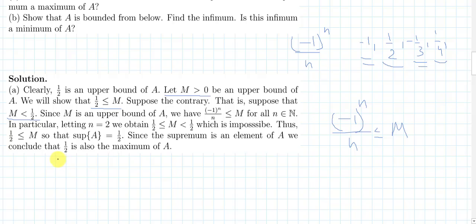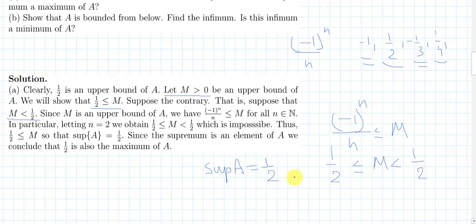In particular, letting n be 2, we get 1 over 2 less than or equal to m, which from our assumption is less than 1 over 2. Is it correct? No. So it's impossible. Thus 1 over 2 is less than or equal to m. So the supremum of our set is 1 over 2.